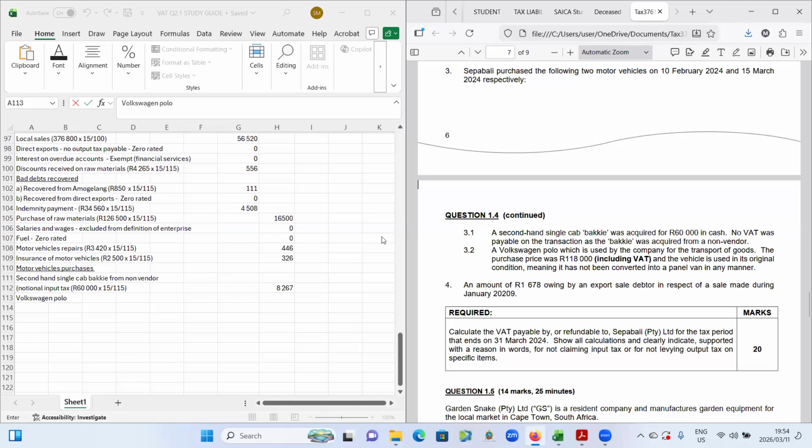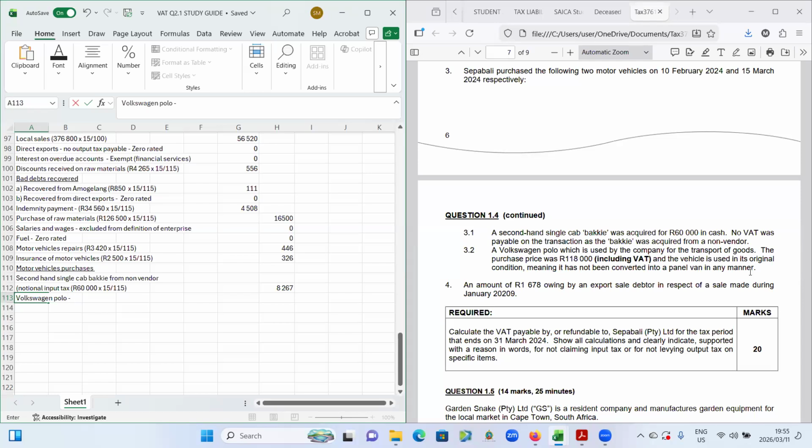Remember, this one is a car, it's a motor car. A Polo is designed to carry passengers no matter what you use it for. Unless they told us it was converted into a van, then you can say on the date when it was converted, there's a change in use, and the vendor would be able to claim input tax, changing from non-taxable to taxable.